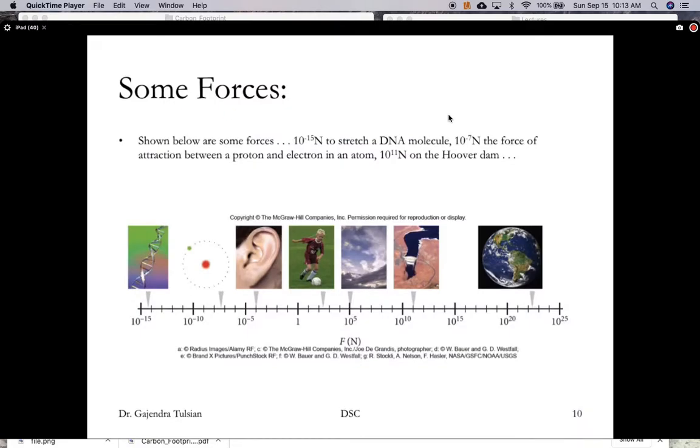All right, so here are the magnitudes of some forces. To stretch a DNA, the force needed is 10 to the minus 15 newtons. The force between the proton and the electron in the hydrogen atom is about 10 to the minus 7 newtons. And the force on the Hoover Dam is 10 to the 11 newtons.